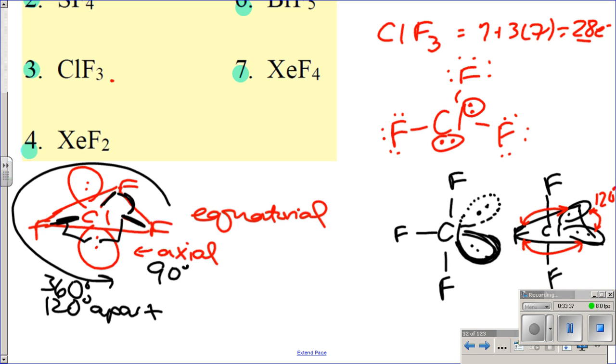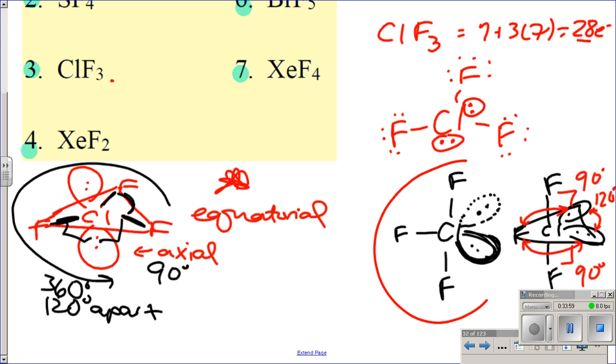That is very favorable. Now, I do understand that with the fluorine on top and bottom, they are also 90. But in the previous example over here, the lone pairs were at 90 with every single fluorine, which is crazy stressful. So they are only at 90 and 120, which is a more favorable location.